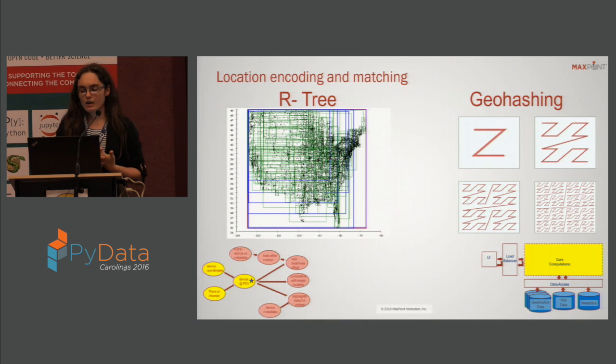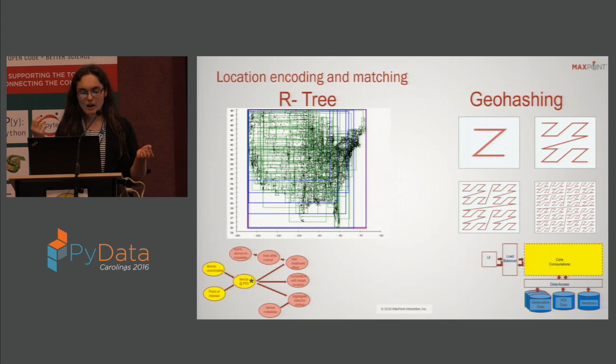So we tried R trees and geohashing. The basic idea for an R tree is that you group different locations together and map your point within that. Whereas geohashing takes locations and sends them down to a one-dimensional representation using a z-order curve.